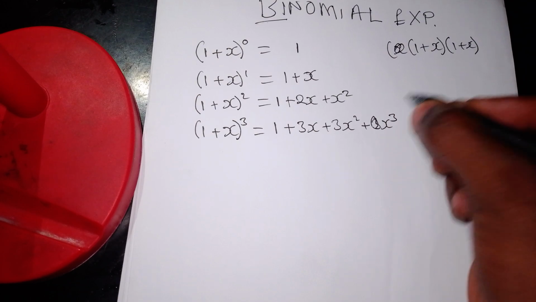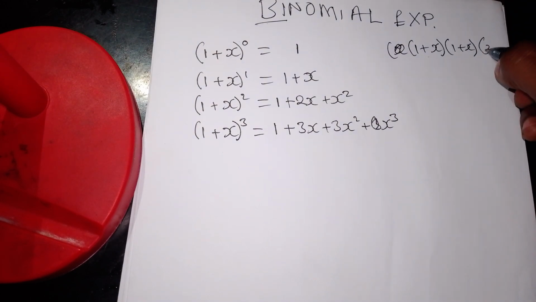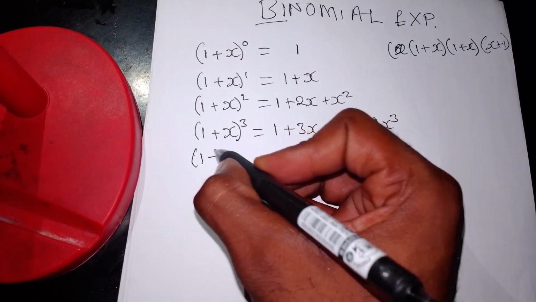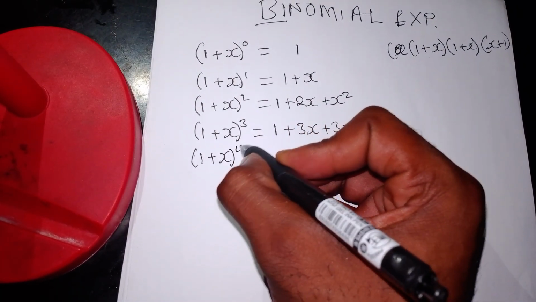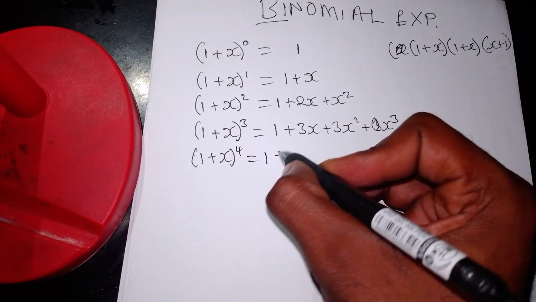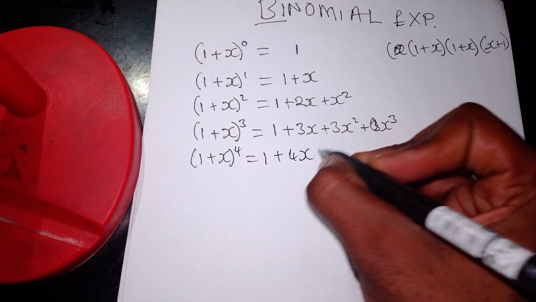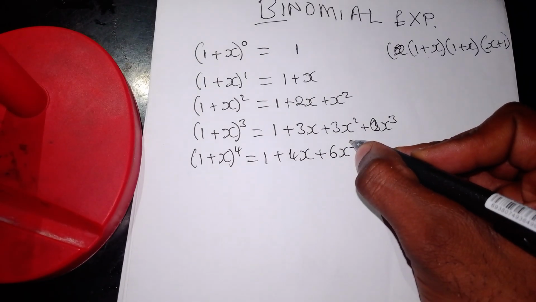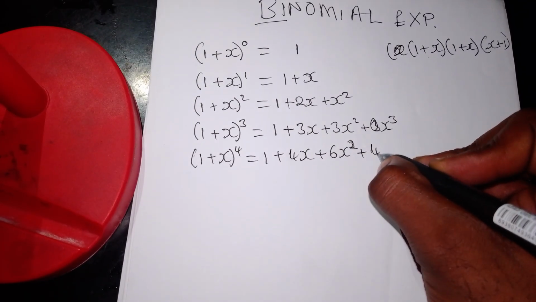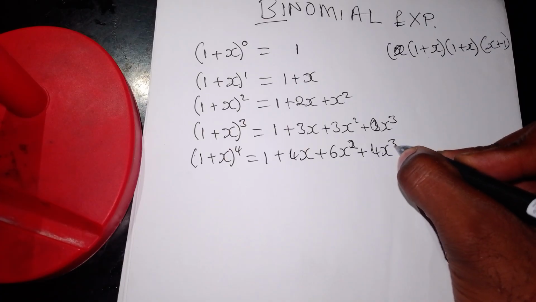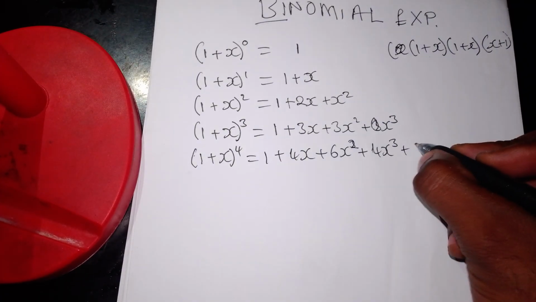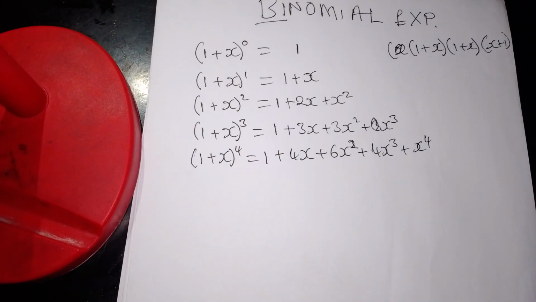So when you expand this, this is what you get. Of course, you can expand it the way you normally do if you do not have this knowledge. And then for x to the power 4, you have 1 plus 4x plus 6x squared, plus 4x cubed, plus x to the power 4, like that.